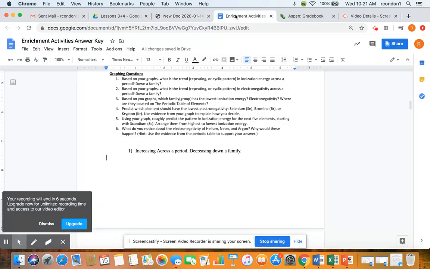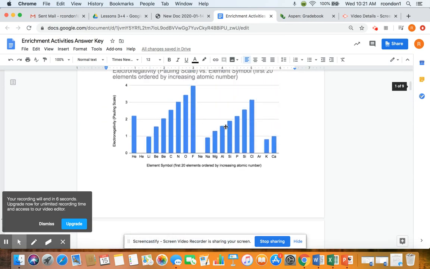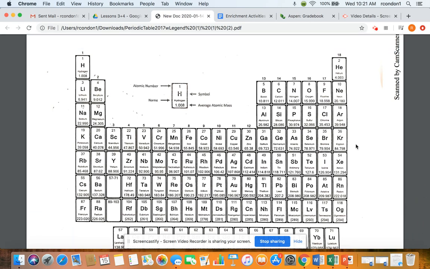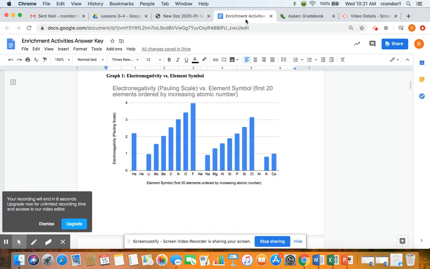We know from our electronegativity graph that electronegativity is going to increase as we go across to the right on a period. So therefore, the lowest electronegativity here is going to be the one furthest to the left, which is selenium.